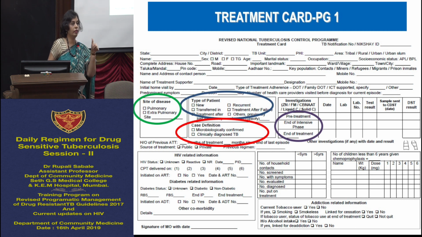Case definitions: we either label the patient as microbiologically confirmed or clinically diagnosed tuberculosis. Investigations are done pre-treatment, at the end of intensive phase, and at the end of treatment.